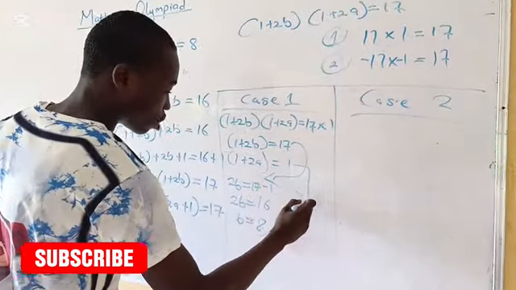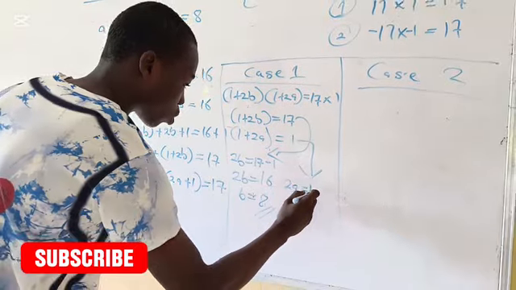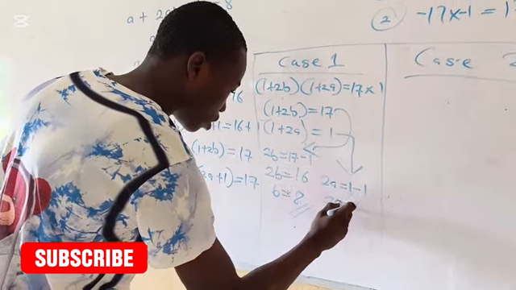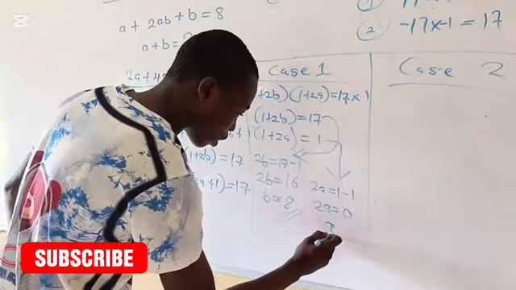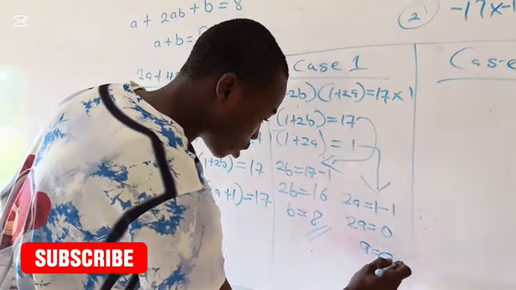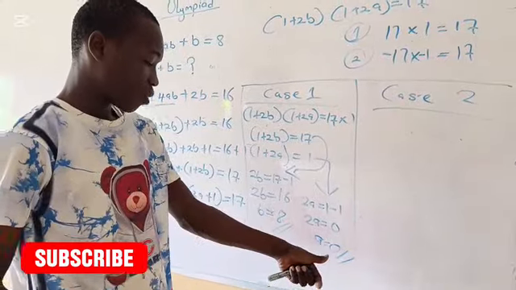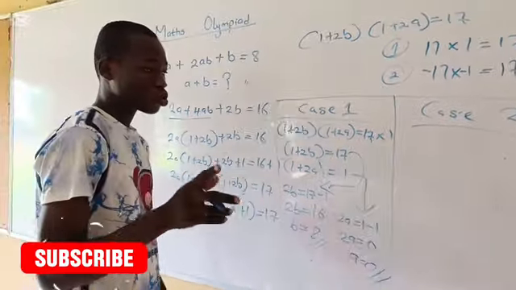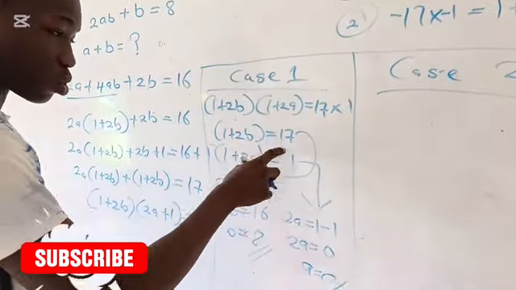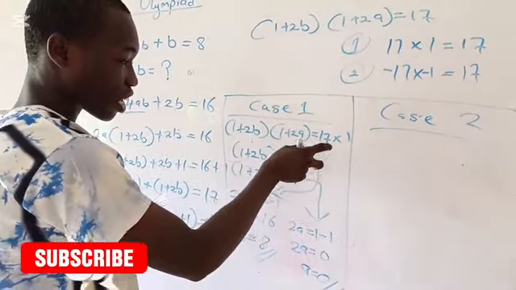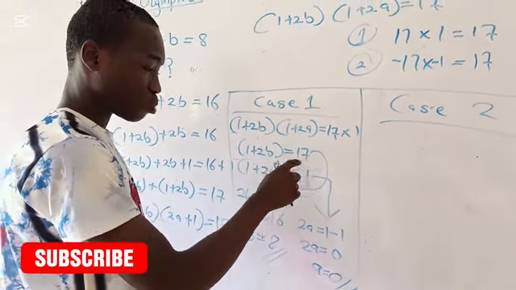Now, looking at the second one here, when you collect like terms, you are going to have 2a equals 1 minus 1. That is, 2a is equal to 0. So dividing all through by 2, you are going to have the value of a equal to 0. So here now, from our case 1, we have the value of b to be 8 and the value of a to be 0. I want you to know that you can reverse it by saying let 1 plus 2b be equal to 1 and let 1 plus 2a be equal to 17.